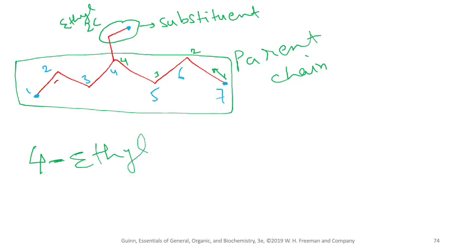Then you write the parent name. You have 7 carbon, which is hept, and all of them are alkane, single bond, heptane. So 4-ethyl heptane. This is how we normally write the name. Let me give you one more.